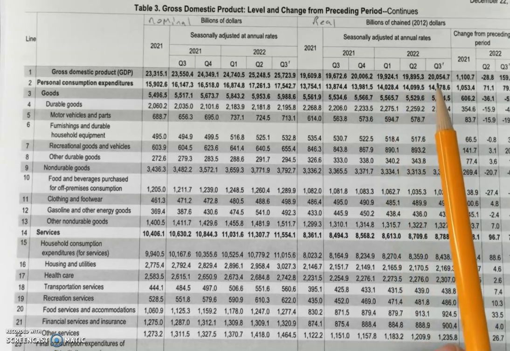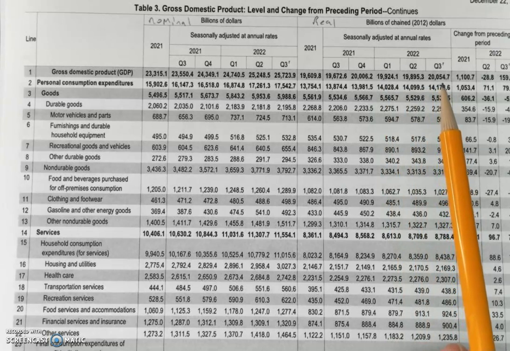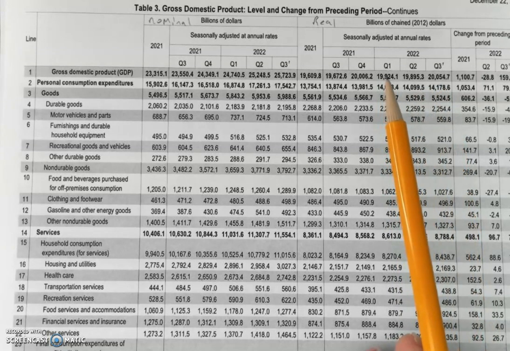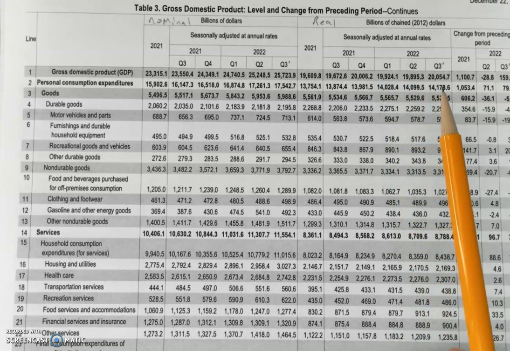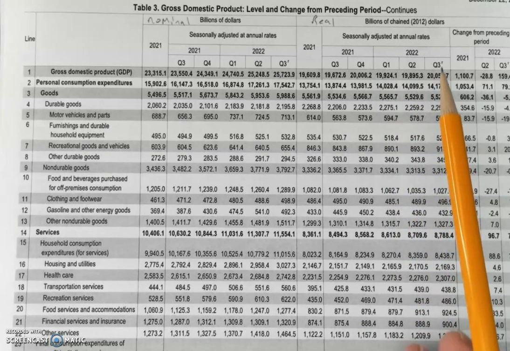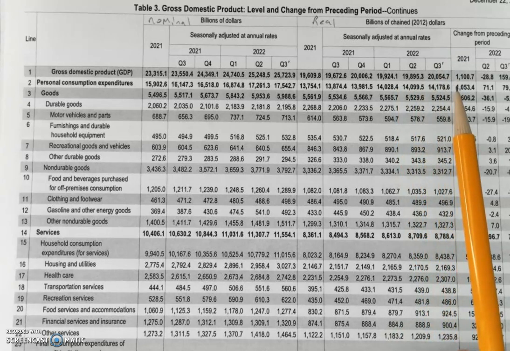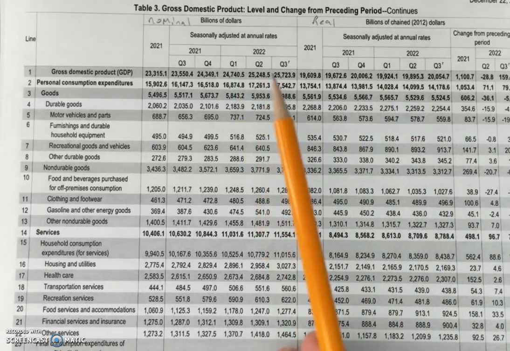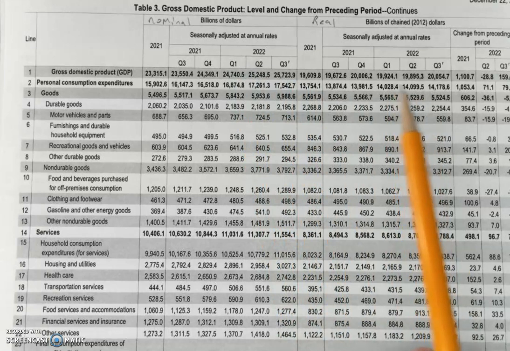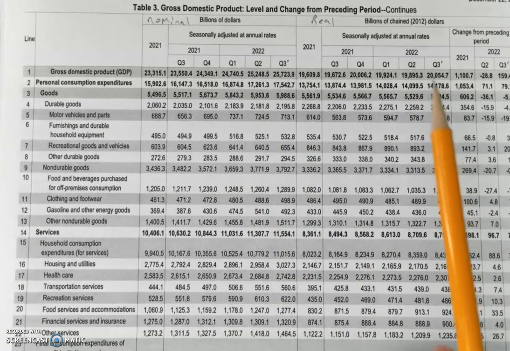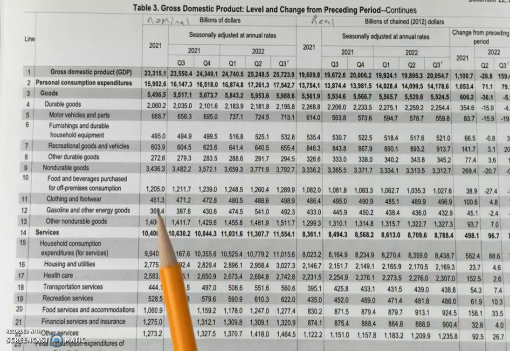Those changes are solely the result of output changes because all of these quarters are priced in 2012 dollars. So prices do not change across time here, but they do change here. Okay, so that's how we inflation adjust. They just use the term chained instead of real.